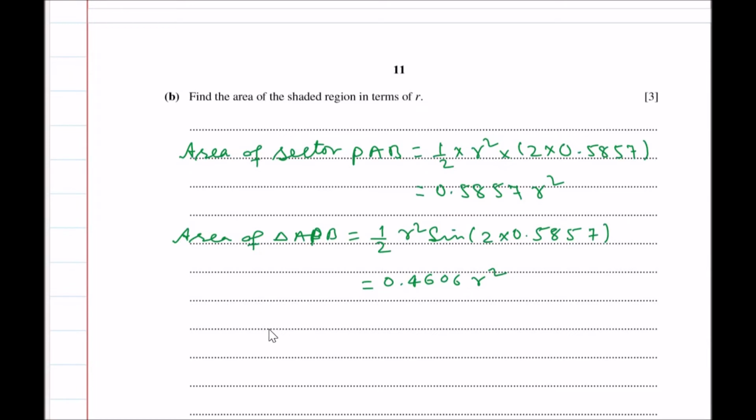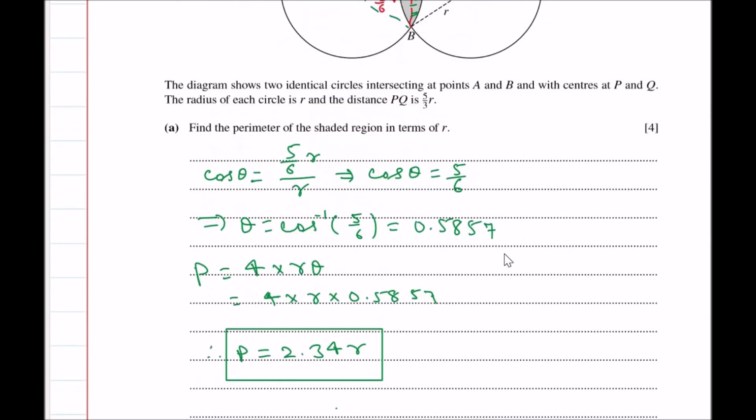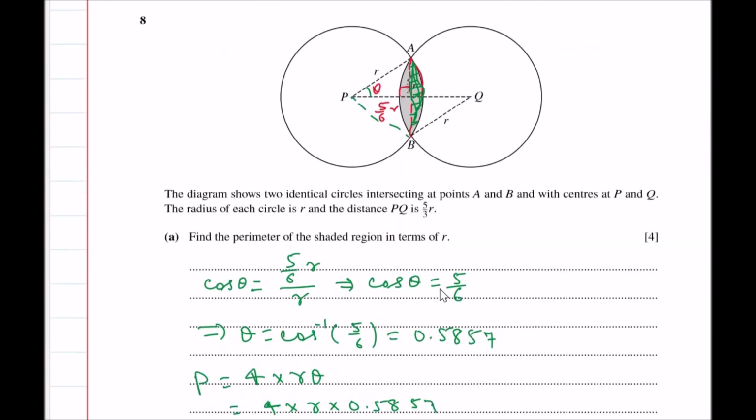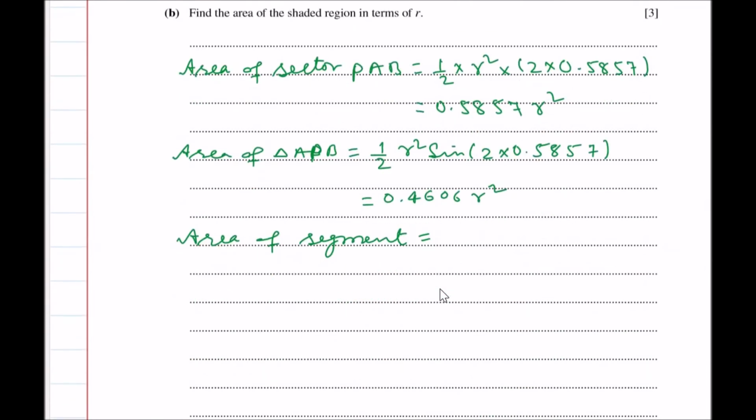Okay. Now we need to find area of the segment. Here you can see in the diagram which area I am talking about. Area of the segment means this shaded part, which I have shaded with green color. We will find this segment, and then we'll multiply by 2 to get the area of the shaded part.